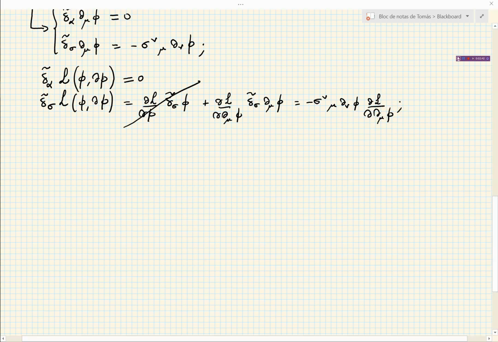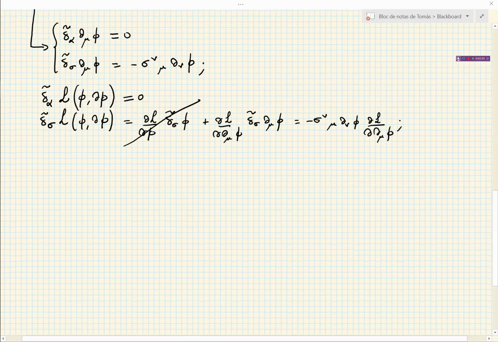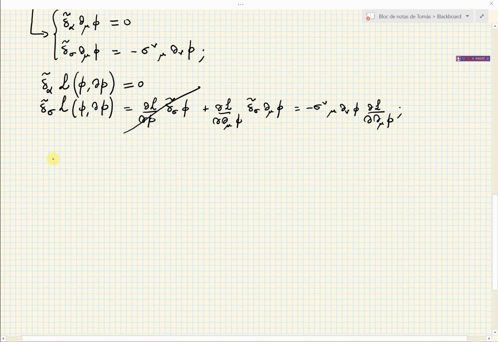The important thing is that we don't have to worry about the space-time translations, that we just need to build things which are automatically, by construction, invariant under any kind of transformations, like for instance with the partial mu phi.